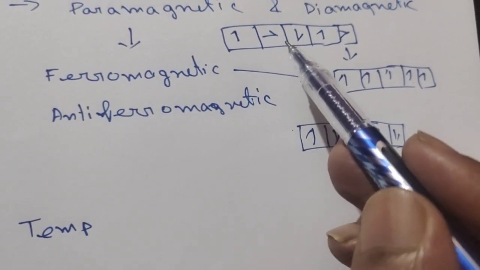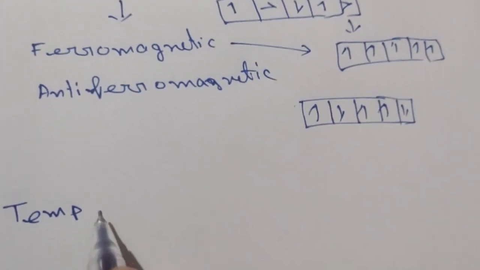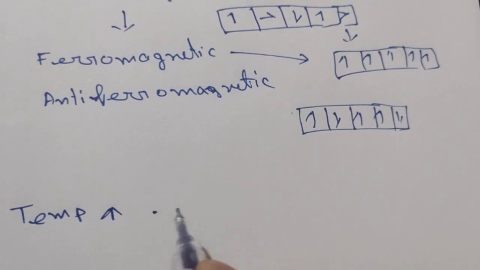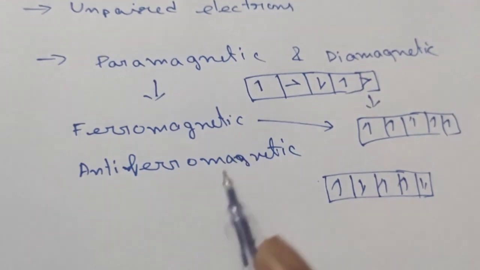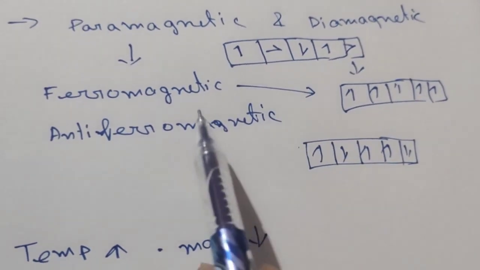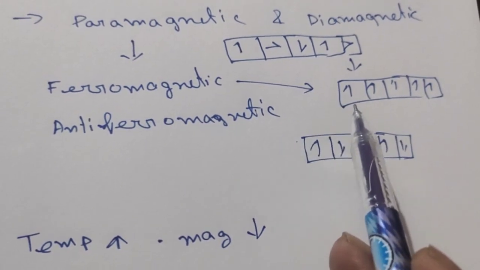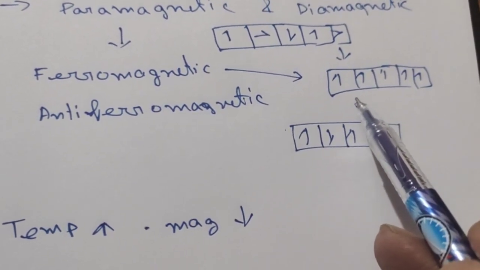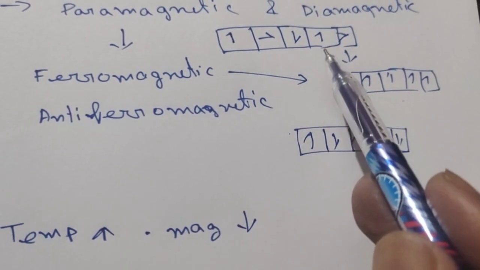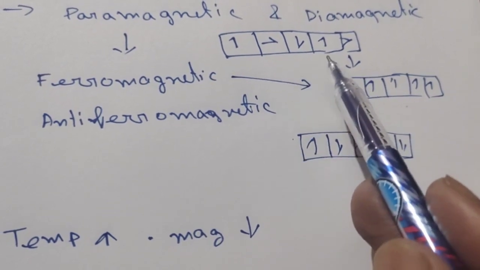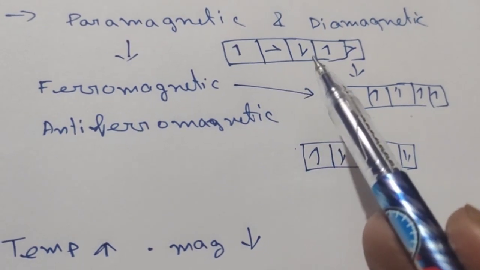So it becomes difficult to get aligned in the same direction. That is why, as the temperature increases, the magnetic susceptibility decreases in paramagnetic compounds, right? The same thing happens with ferromagnetic compounds. Ferromagnetic compounds, by default, have orientation in this way, but as the temperature increases it gets some randomness like this, and so ferromagnetic gets converted to paramagnetic.